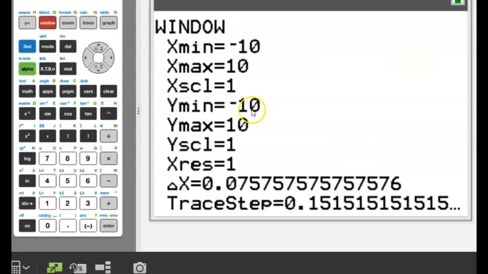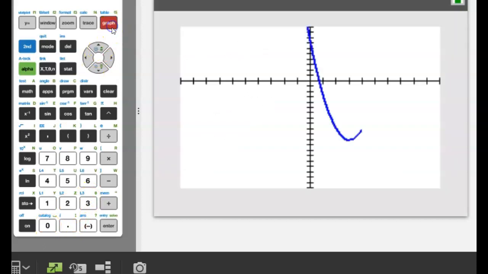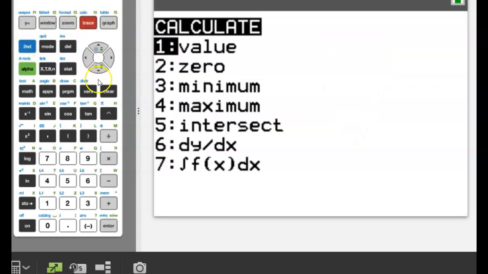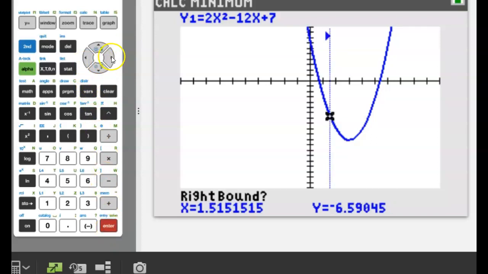I need to see down on the y values past negative 10. If I change that to like a negative 20, then I can see the vertex a little bit better. It's second trace and it is a minimum. I'm just saying you could have done this instead of using the vertex finder recipe to find that vertex.